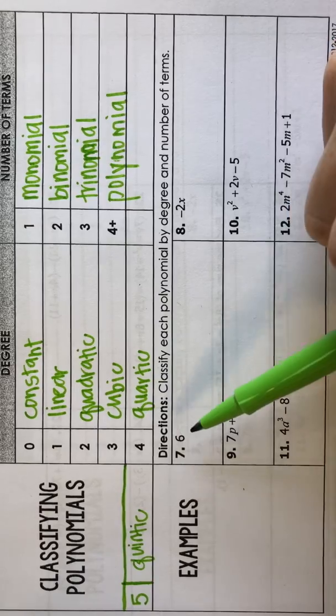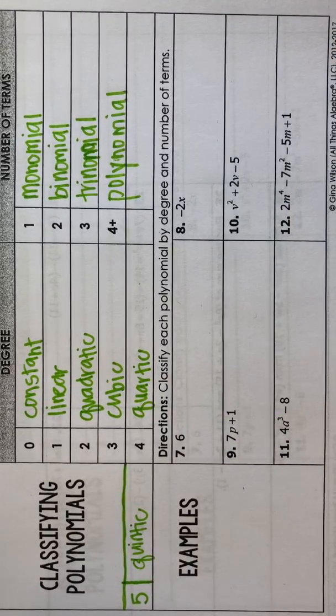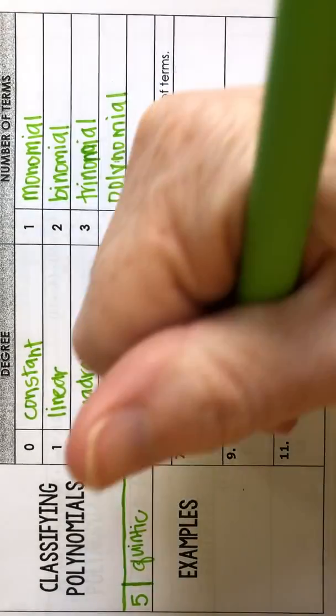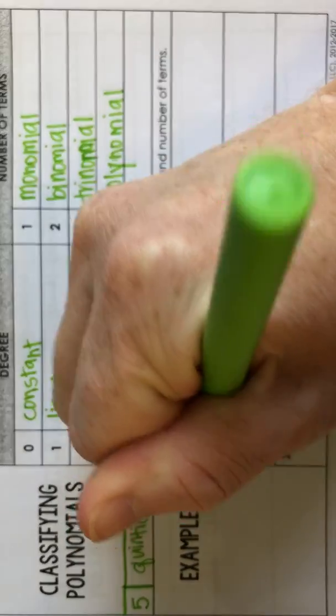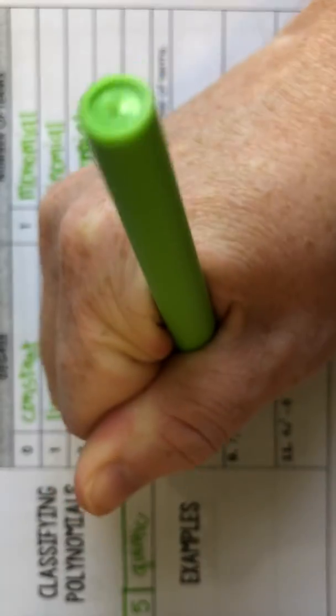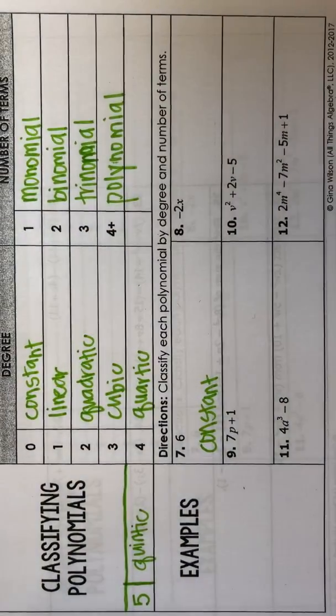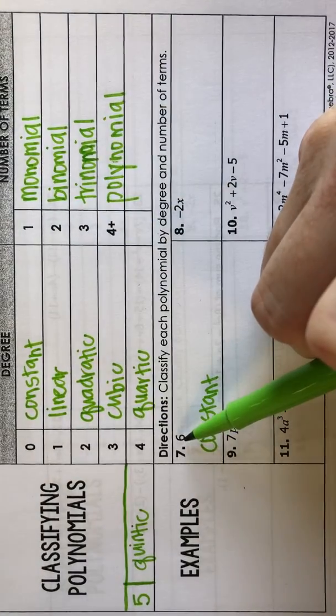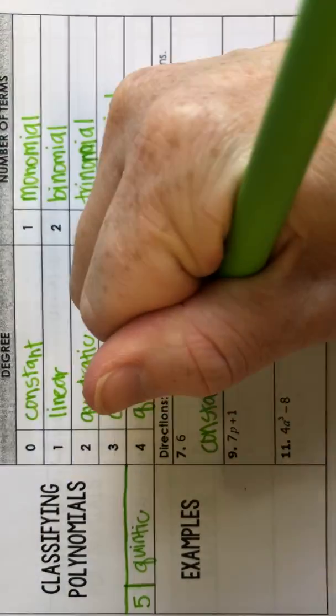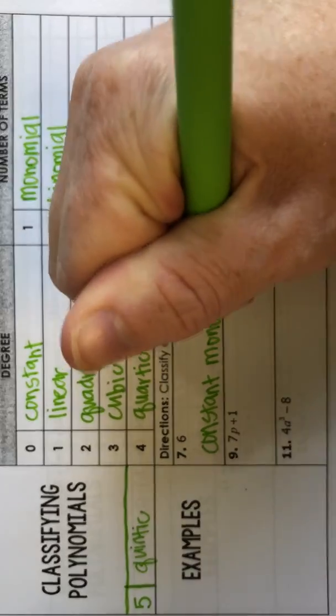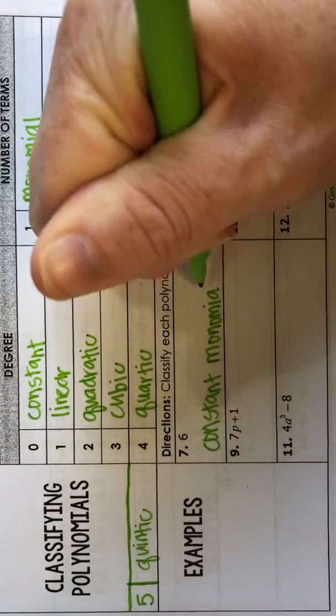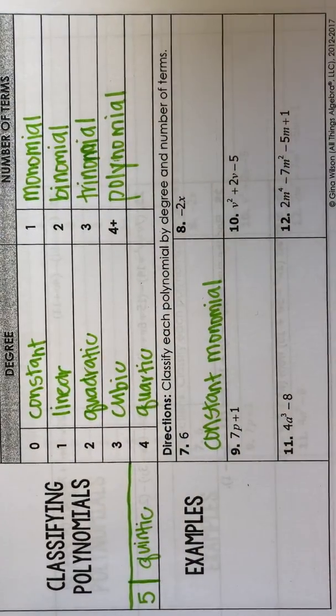All right, so right here, I have just the number 6. It is a standalone number, so therefore it is a constant. And there's only one term, so it is a monomial.